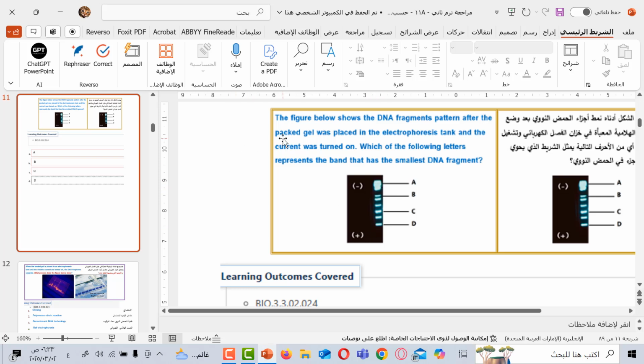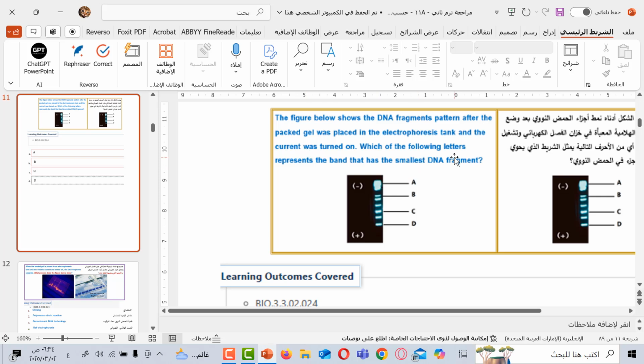The question asks: the figure below shows the DNA fragment pattern after the gel was placed in the electrophoresis tank and the current was turned on.